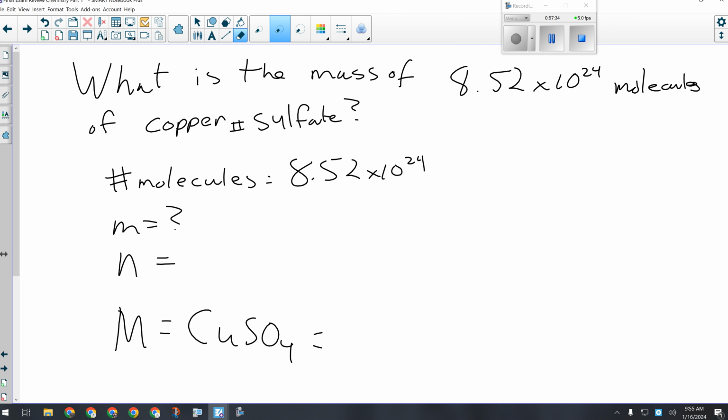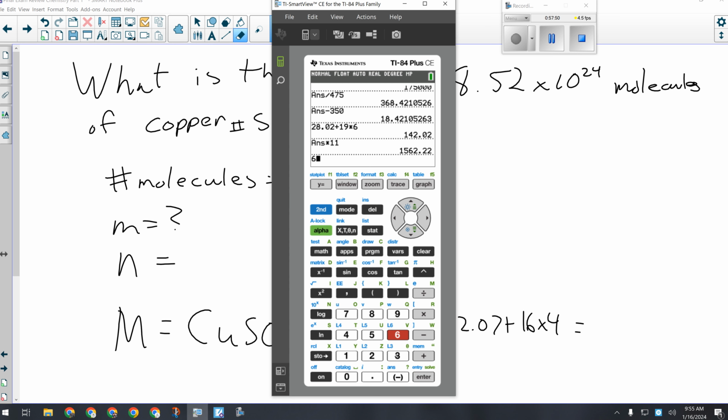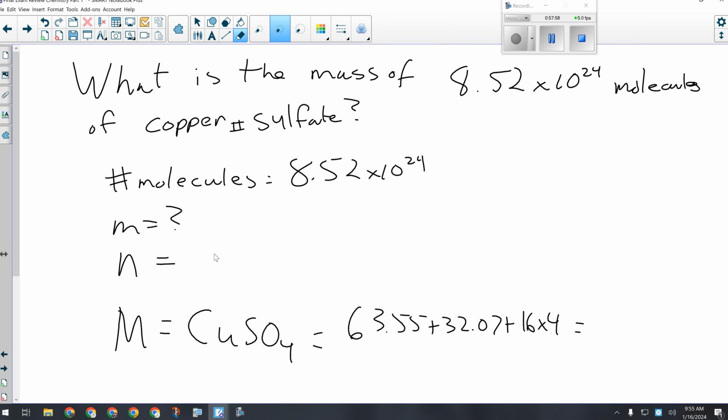I remember copper off the top of my head here: 63.55 plus 32.07 plus 16 times 4. So we get our molar mass there, 63.55 plus 32.07 plus 16 times 4. Okay, so we're looking at 159.62 grams per mole.